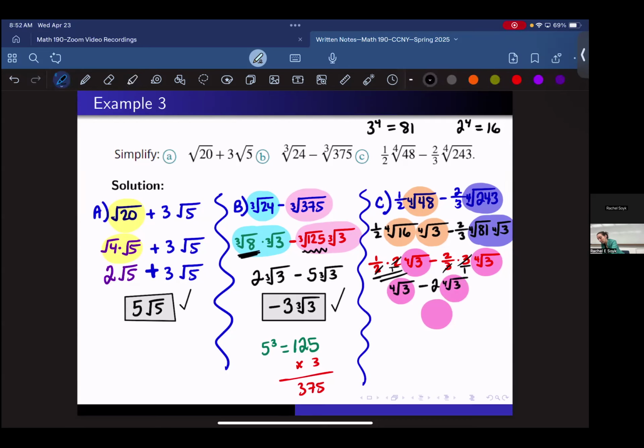It's just negative 1 the fourth root of 3. Or you can just say negative the fourth root of 3. And we're done. Any questions on this part? It's tedious, but if you understand the steps, it's actually not too terrible.